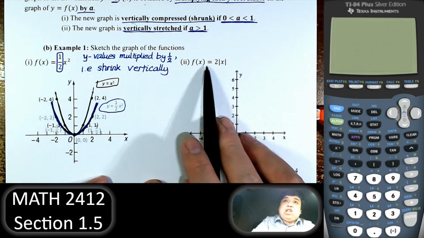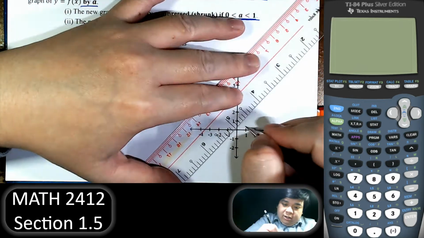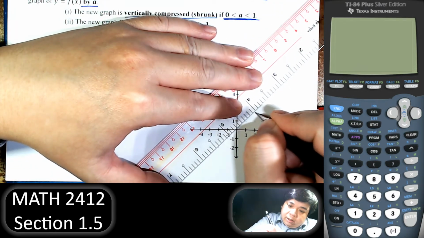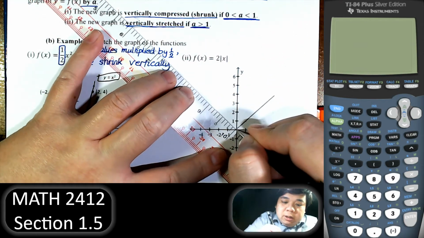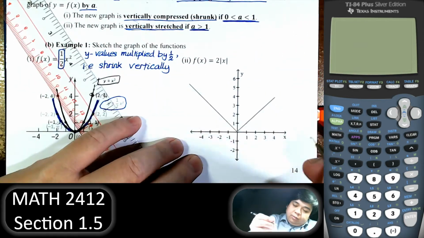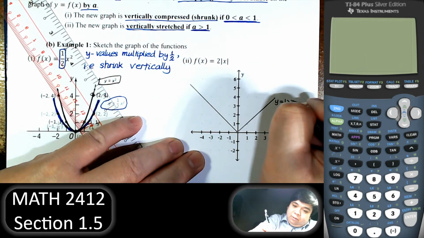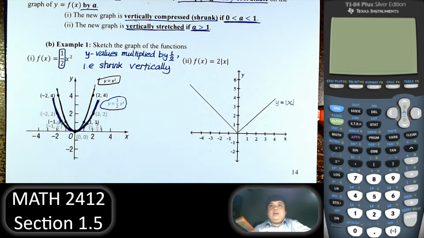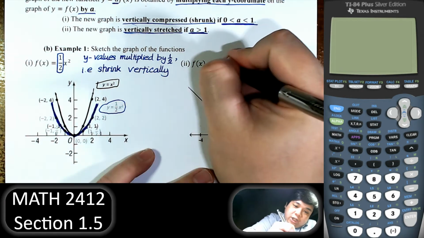Now, next, sketch f of x equals the absolute value of x. So we start with the absolute value of x, which is a V. So that is the absolute value of x. Now what we do is we multiply 2 into it.